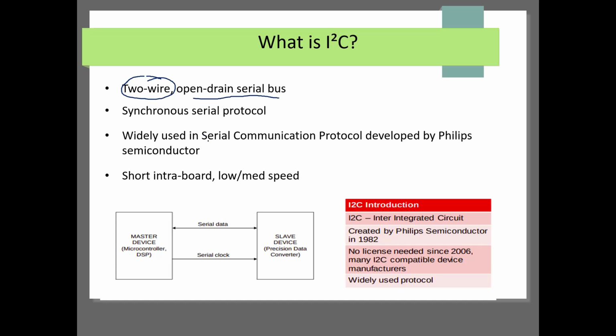So it is widely used for serial communication, and it is a synchronous protocol, which means data is transmitted with respect to the clock. Here there is a single master and a single slave, with two lines: the serial data line, SDA, and the serial clock line, SCL. From these two lines we are transmitting the data.